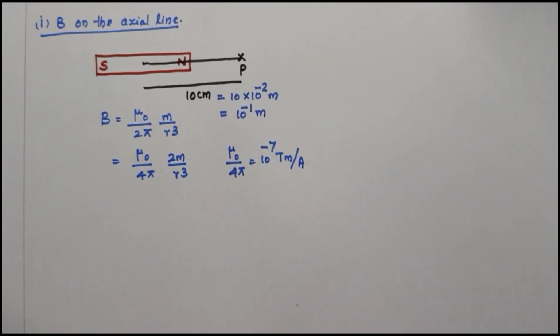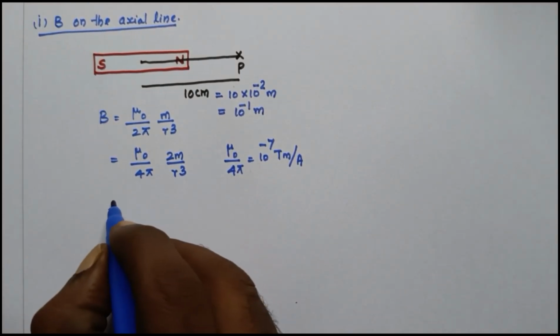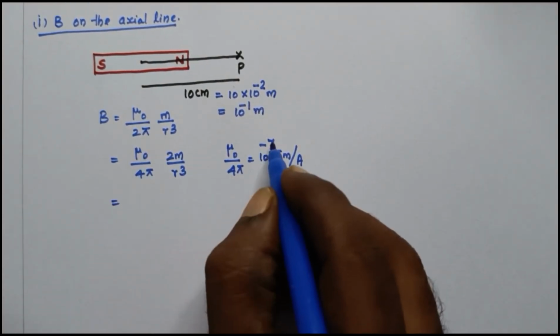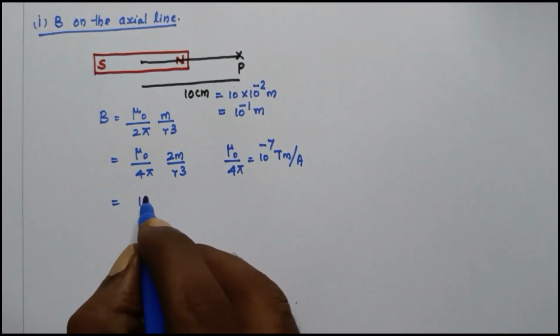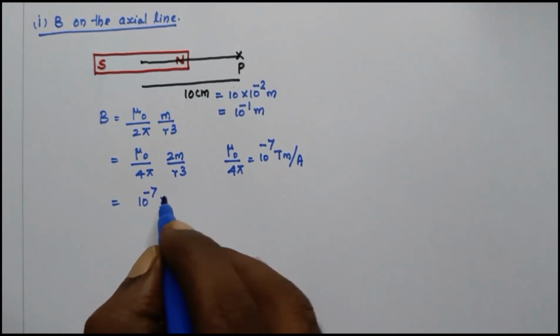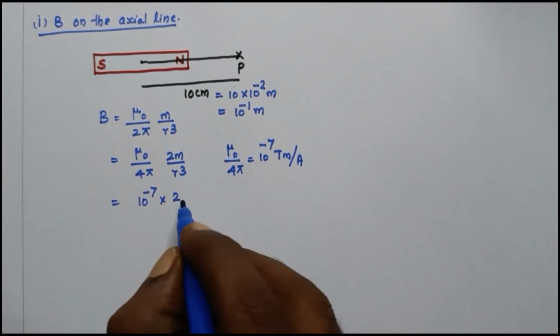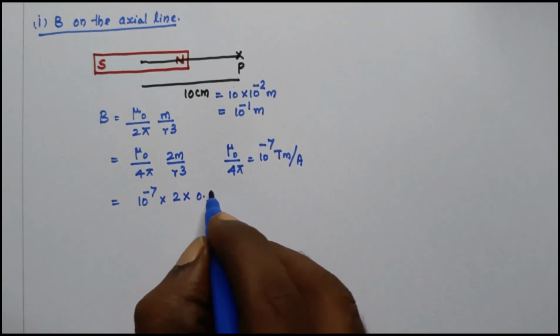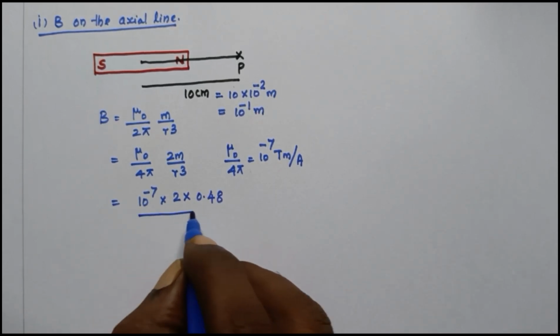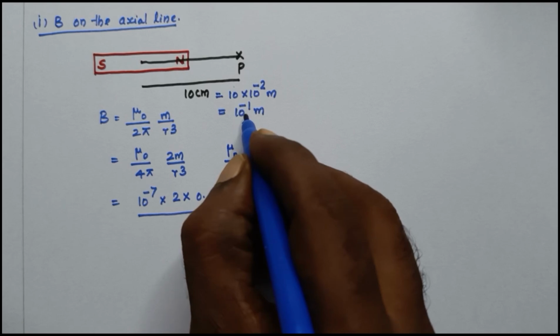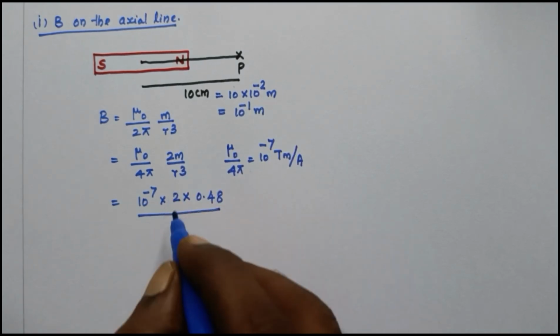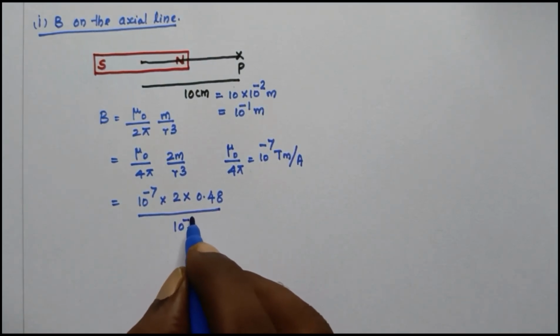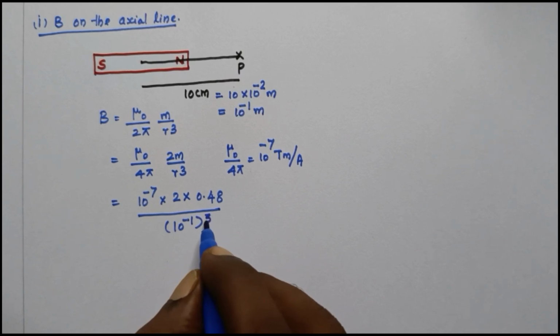So therefore, let us substitute the values. Mu 0 by 4 pi is 10 to the power minus 7, into 2 into m, which is 0.48, divided by r cube, where r is 10 to the power minus 1, so r cube is 10 to the power minus 1 whole cube.